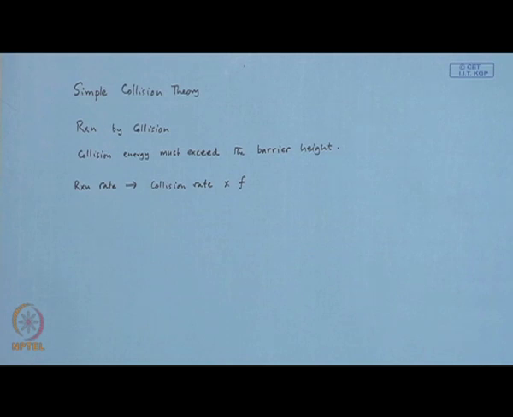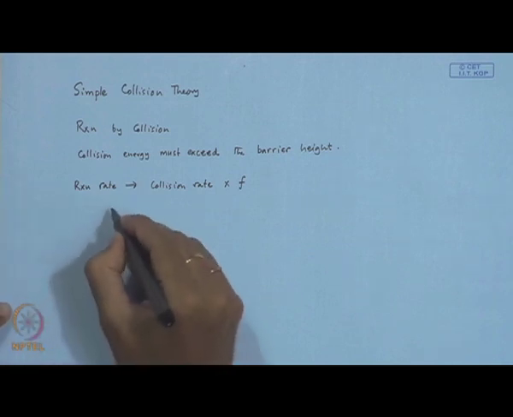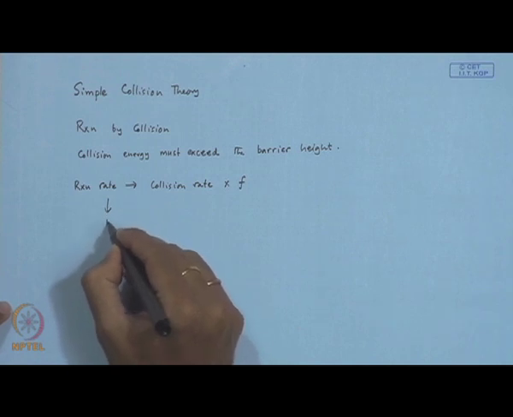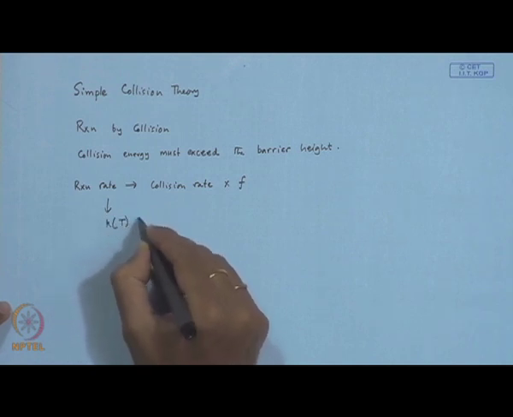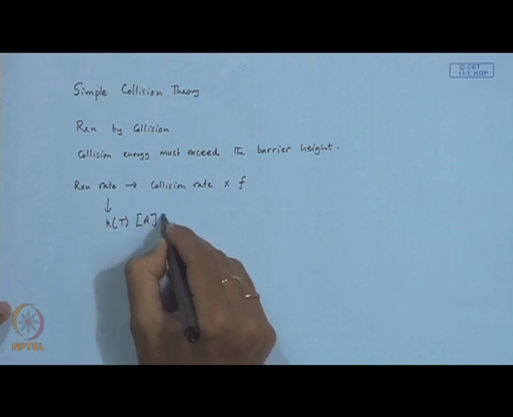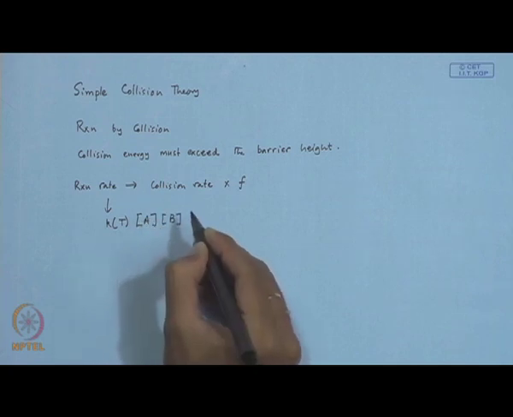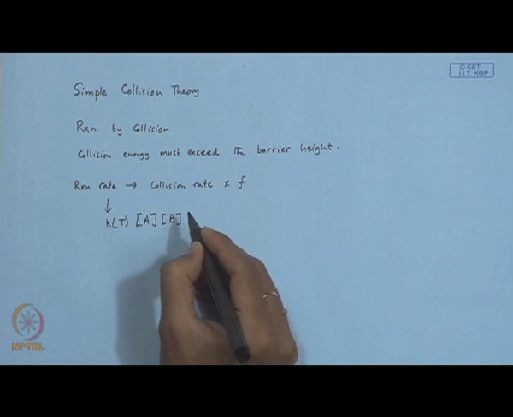Normally, reaction rate is written as k, which is a function of time, times the concentration of A times the concentration of B, the normal way of writing from the chemical kinetics point of view.